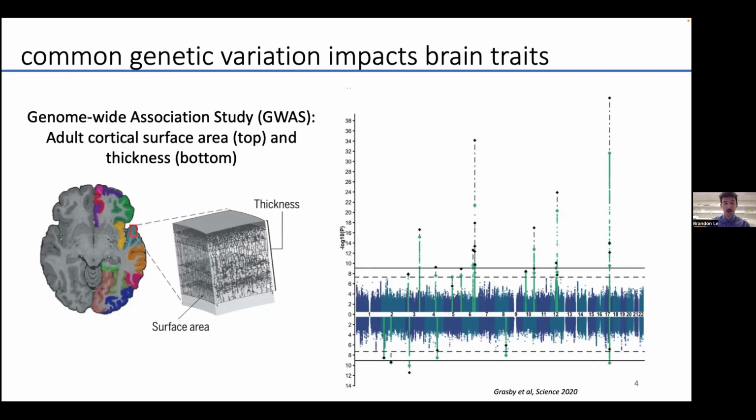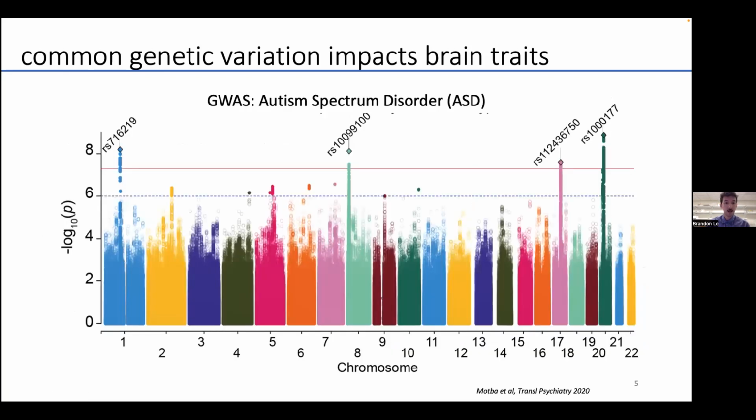And not just structural traits are impacted by common variation. There are also complex functional traits like the risk for autism spectrum disorder. Here's a Manhattan plot from a recent GWAS for ASD. Similarly, you can see that there are genome-wide significant variants that come up above this genome-wide significant line.